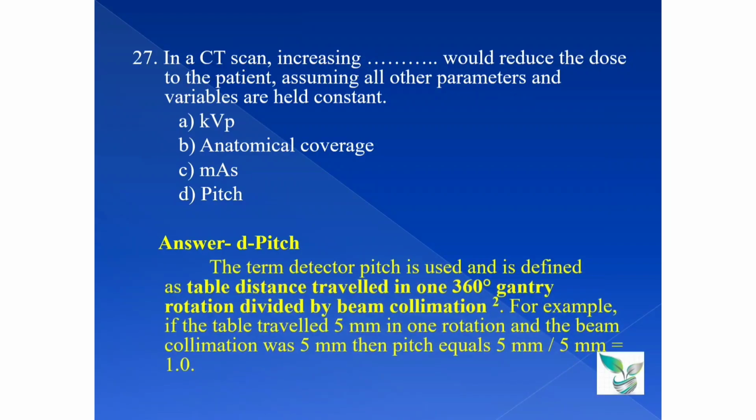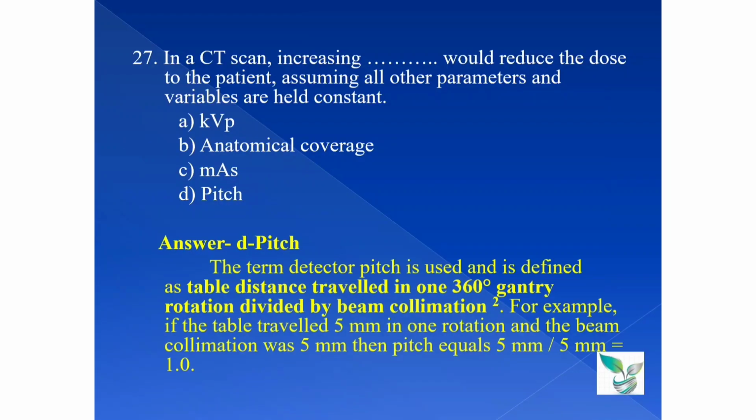So how? We will discuss more, see the explanation for the pitch. The term detector pitch is used and it is defined as the table distance travelled in one 360-degree gantry rotation divided by the beam collimation. As you all know, in spiral CT, the X-ray tube and the detector are rotating around the patient in 360 degrees with the table moving.